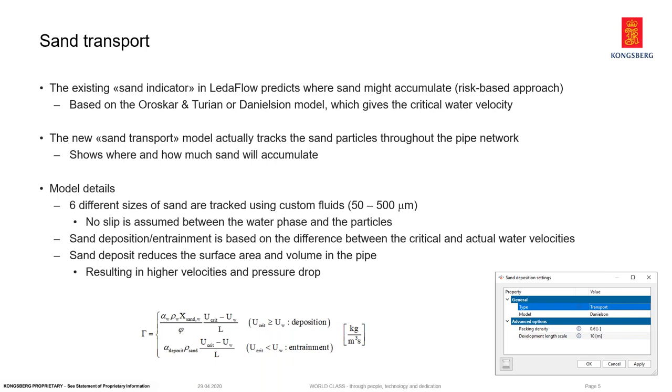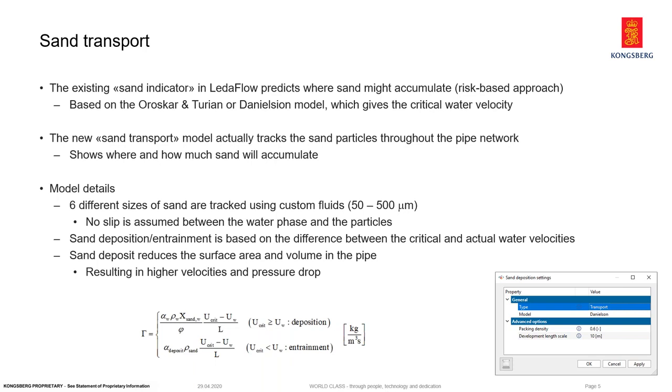In order to do this, we are modeling 6 different sizes of sand as custom fluids, which allows us to track them through the pipe network. We're assuming no slip between the water phase and the particles. And the sand deposition entrainment is based on the difference between the critical and actual water velocities. That is the formula shown at the bottom of the screen.